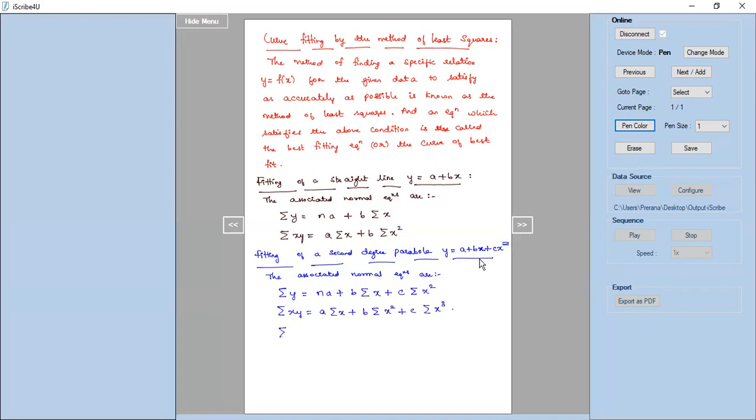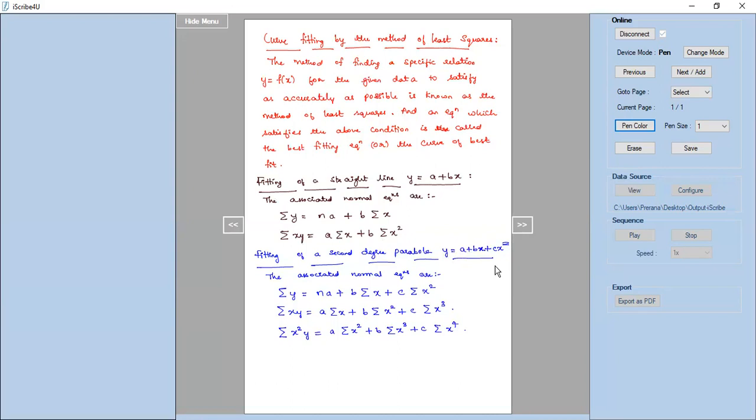Third equation, multiply throughout by x square and take sigma. So sigma x square y is equal to a into sigma x square plus b into sigma x cube plus c into sigma x power 4. So this is how we write down the normal equations for second degree parabola, which is of the form y is equal to a plus bx plus cx square.